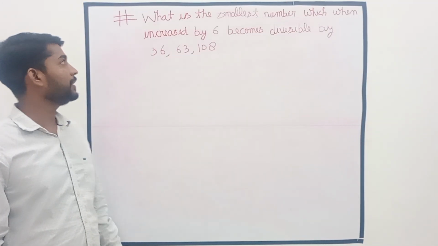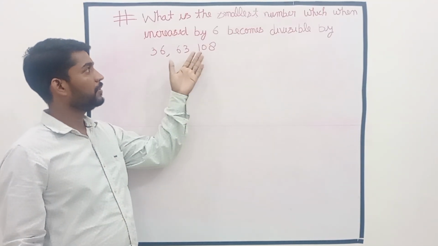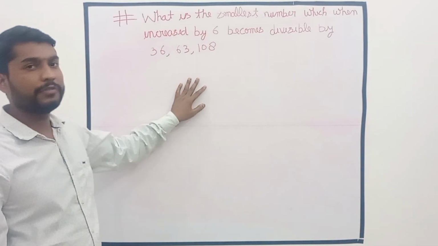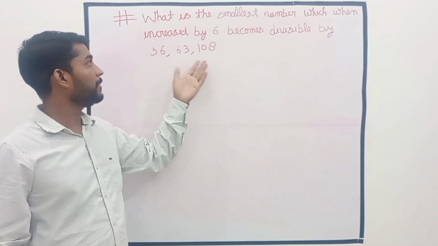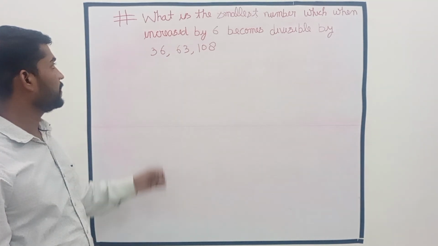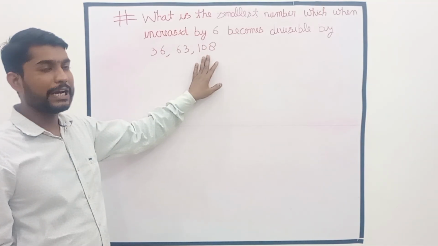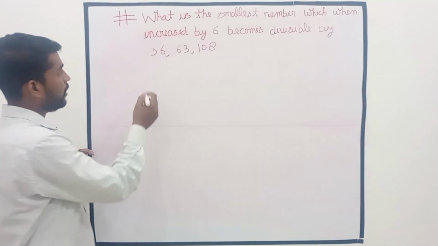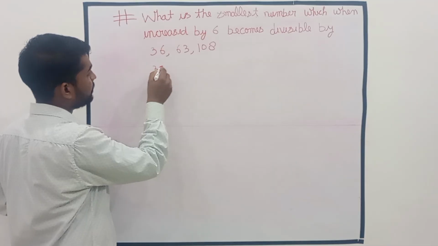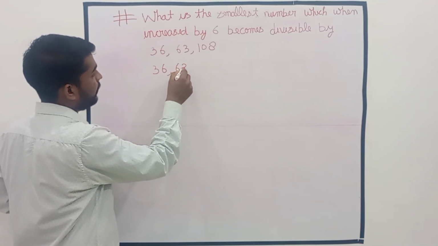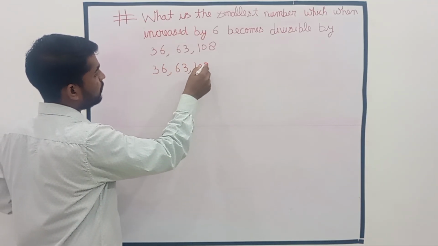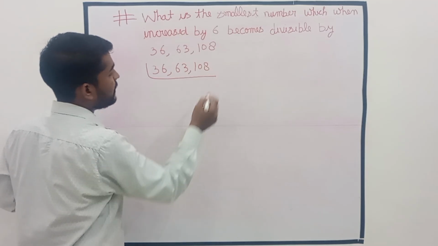Now the next question: what is the smallest number which, when increased by 6, is divisible by these numbers? First we calculate the LCM of these numbers using the division method.